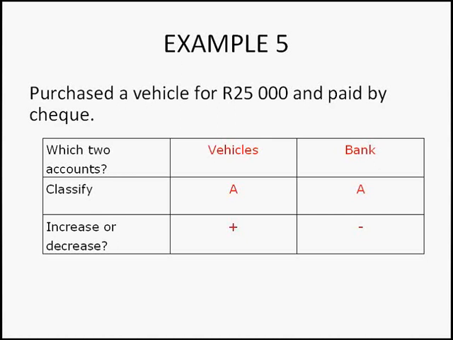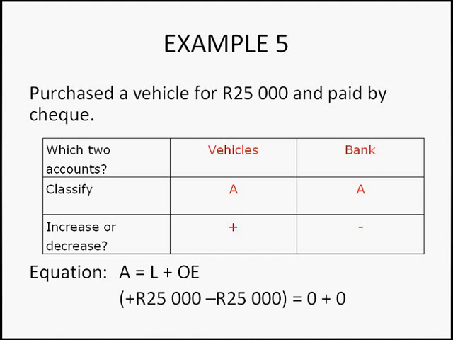So in that case, that asset, the bank, decreases. So in this case, the effect has been that my assets both increase and decrease. And clearly with the accounting equation mathematically, that will show on the left-hand side of the equation. Because we increase and decrease the left-hand side with the same amount, it stays exactly the same, which means that the accounting equation still balances.